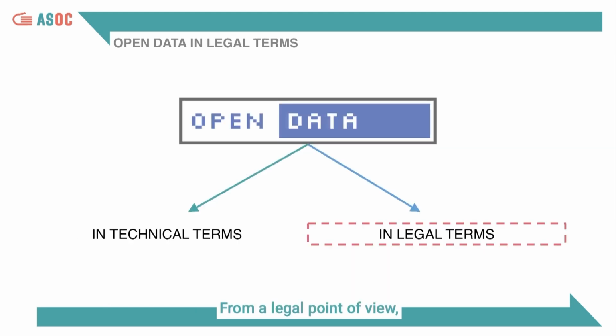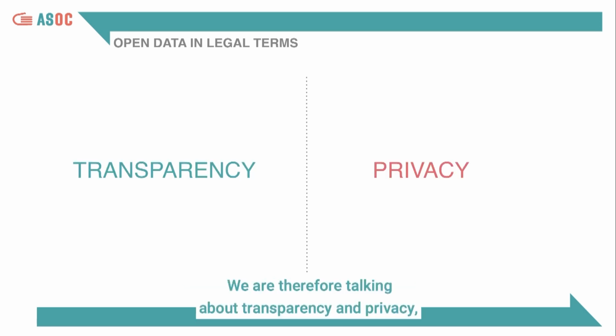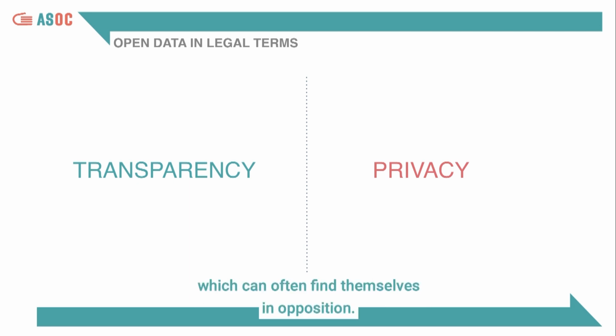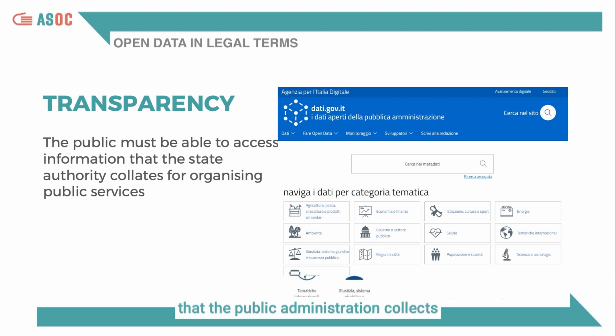From a legal point of view, two very important conditions must be considered. They have to do with the right or the obligation to publish or not to publish certain information and then to be able to reuse it. We are therefore talking about transparency and privacy, which can often find themselves in opposition. Citizens must be able to access information that the public administration collects to organize public services.